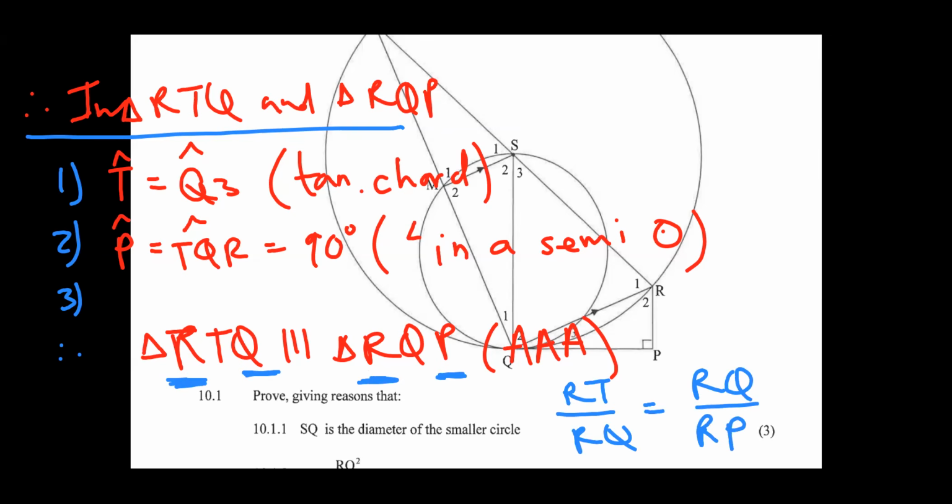The reason I'm choosing these specific ratios is so that both ratios have an RQ in them. Once I cross multiply, I'm going to end up with RQ squared, and that's exactly what they asked me to prove. So now I get RQ squared equal to RT times RP.